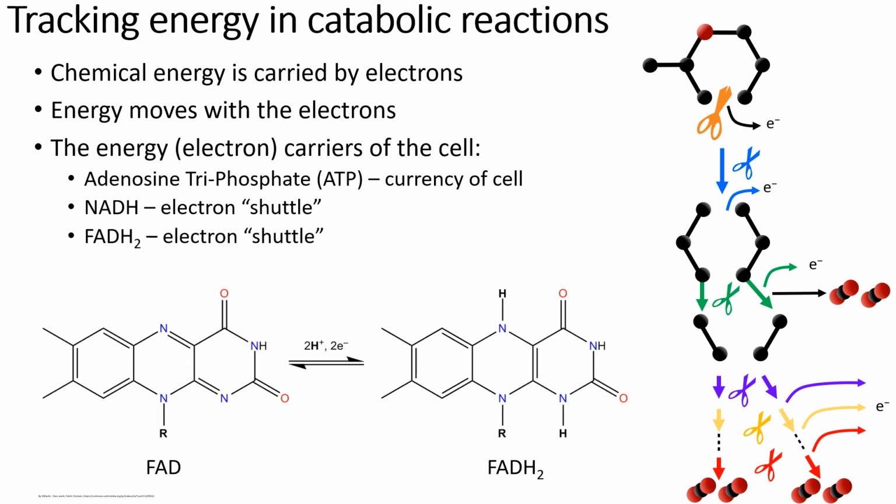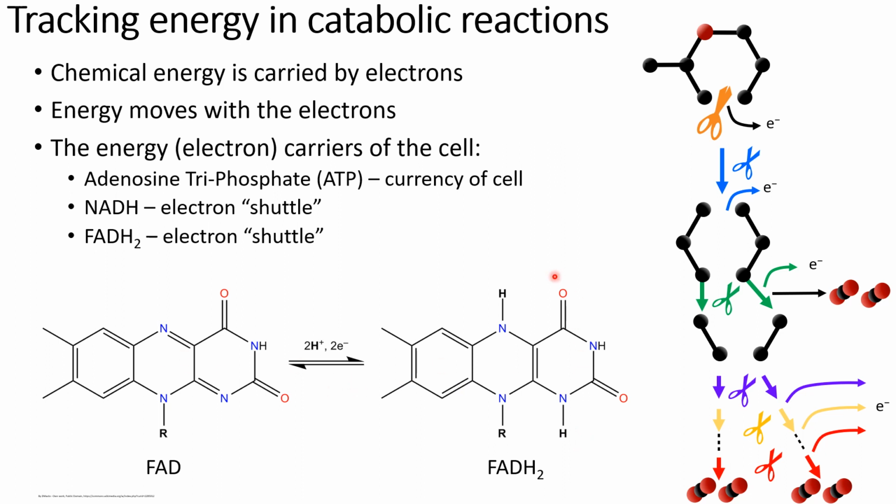A second electron shuttle, namely a compound whose key function is to move electrons to other reactions and other parts of the cellular respiration chain, is FADH2. And so in this case, we start with FAD. And so we react that FAD with 2 hydrogen ions and 2 electrons. And you can see the hydrogens are added right here.